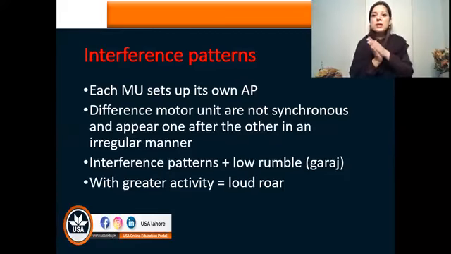The pattern represented on the screen is called the interference pattern. It starts from the smaller motor unit action potentials, and then gives a combined view of how all the muscle fibers perform the action. If we ask what the sound of a normal muscle doing activity would be, it would be like a gurgle or a loud roar.